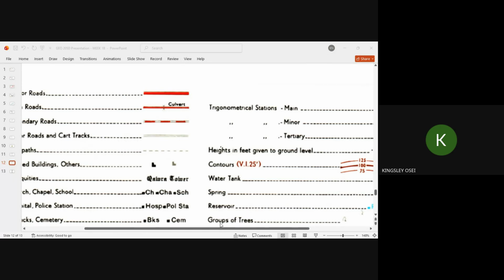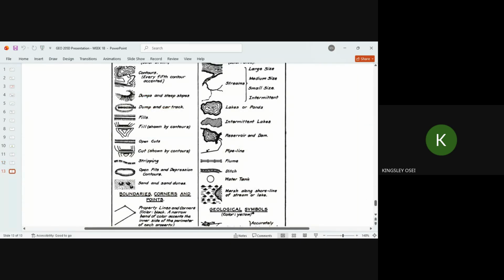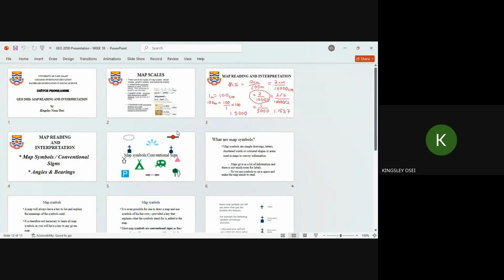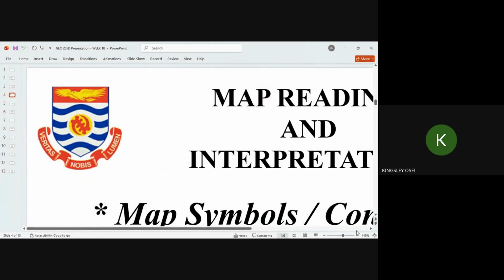Since there are no questions, I will proceed to our next issue on board. What we want to do next after this conventional signs discussion is look at the second part of the material, angles and bearings.